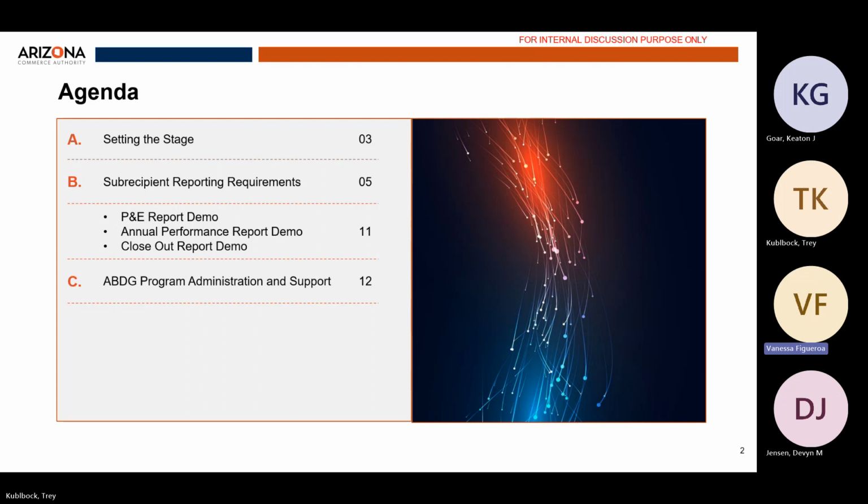We're looking at 3 different types of reporting: the P&E, which is the progress and expense report, the annual performance report, and the closeout report. And then the last part is ABD program administration and support, which looks at the 2 CFRs and any regulations that are guiding our reporting.